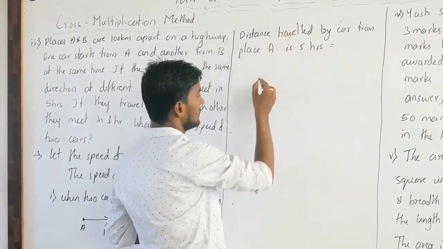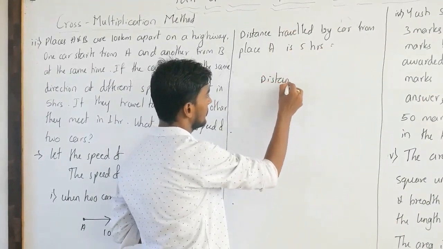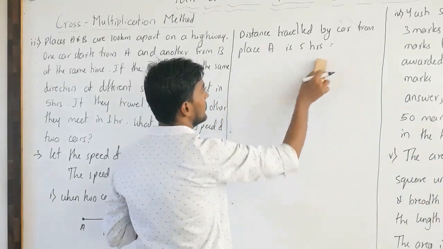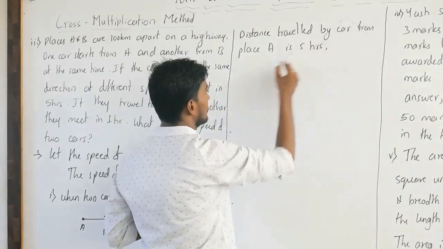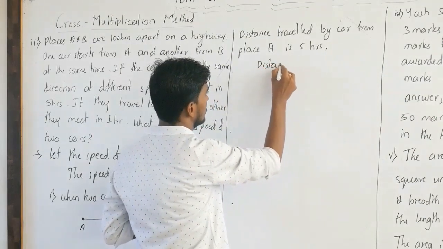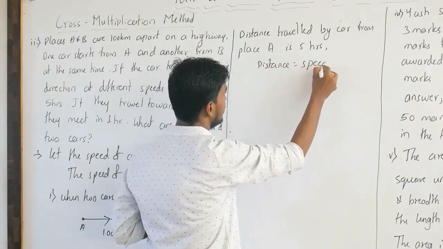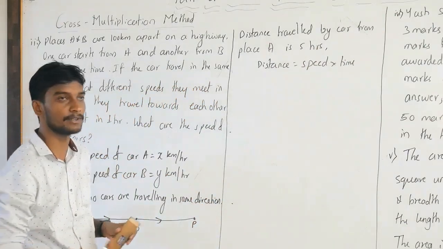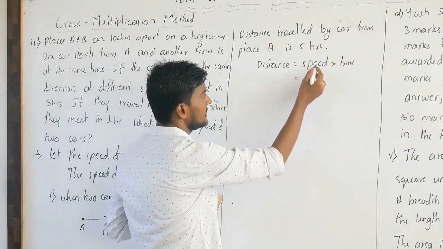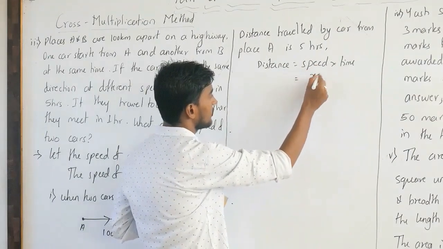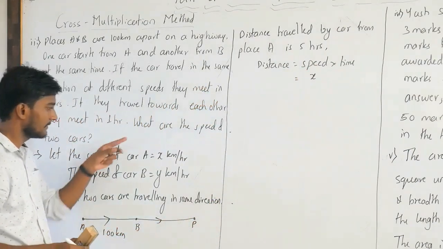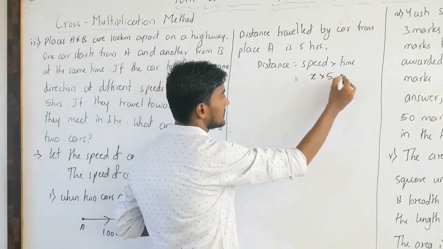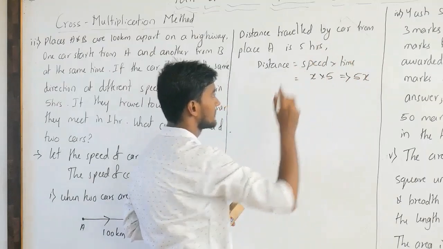We already know the distance formula: distance is equal to speed into time. The speed is x kilometer per hour. We don't know the speed of car A, so we have taken it as x, and the time taken is 5. So that implies 5x.